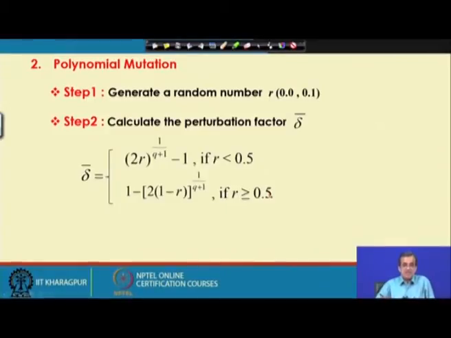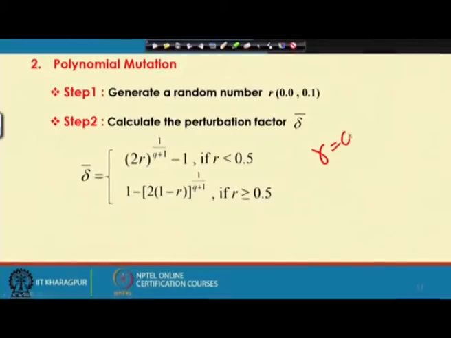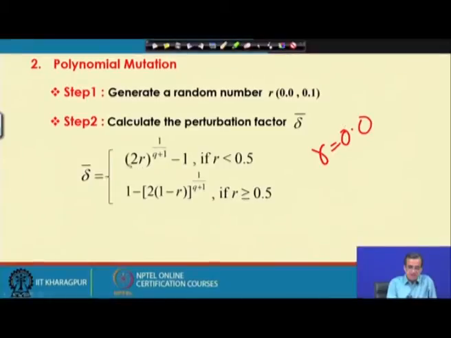Now, there is a valid reason the way these expressions have been chosen. If I put r equals 0.0, because r is less than 0.5, I will get delta bar equals minus 1.